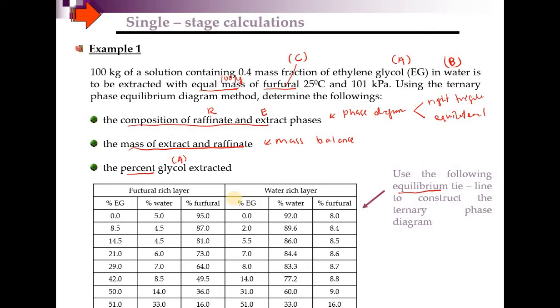So first, when you get the question, you construct the process flow diagram. I will put here L0 as the feed, this is L1, this is V2, this is V1.